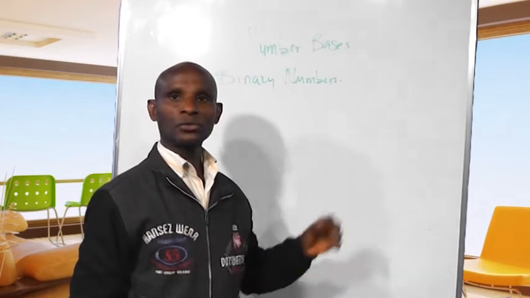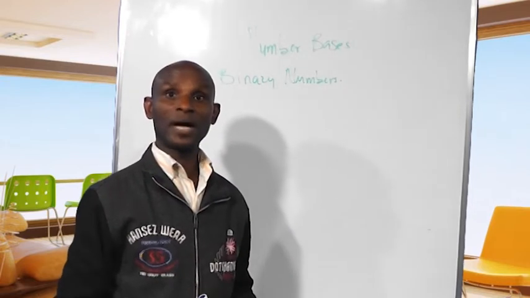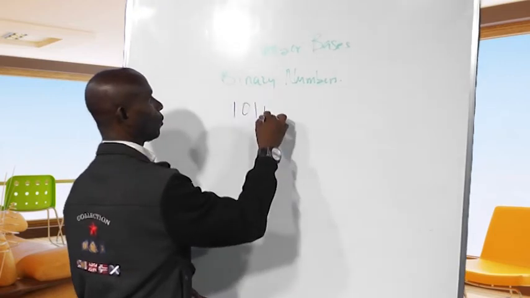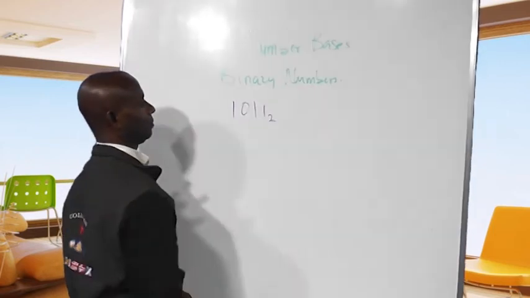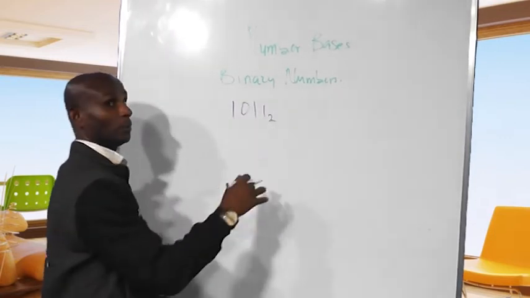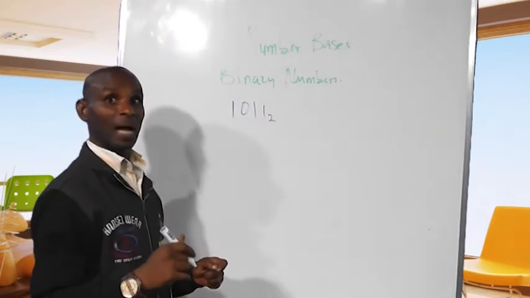Binary numbers use a base 2 place value system. We have 1, 0, 1, 1. The 2 is not written in the numbers because 2 acts as a base.